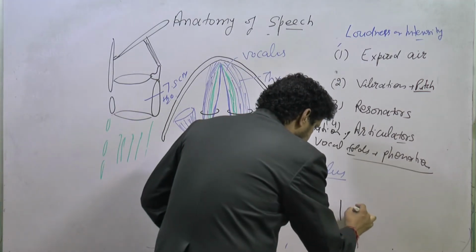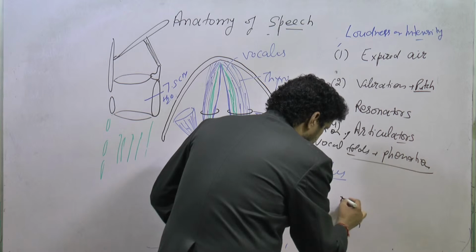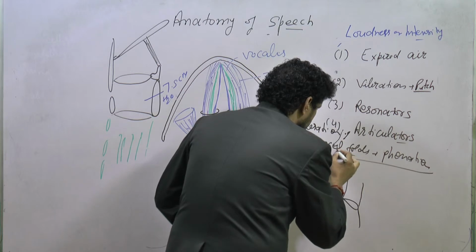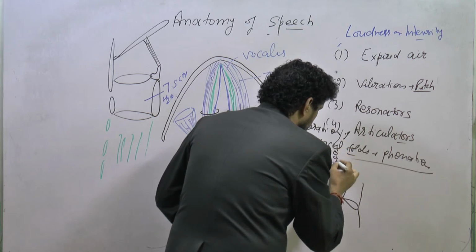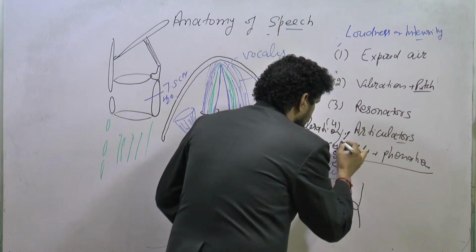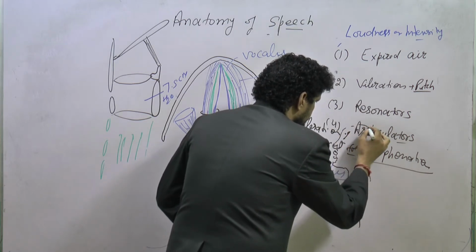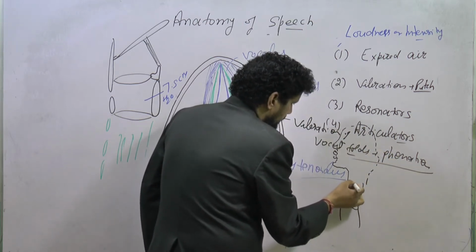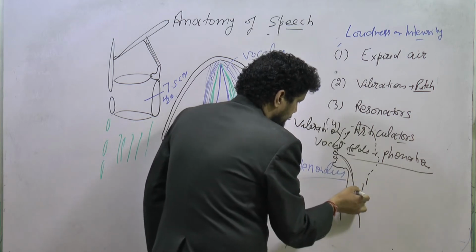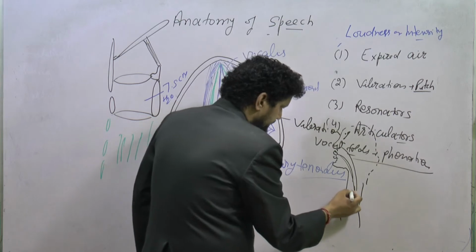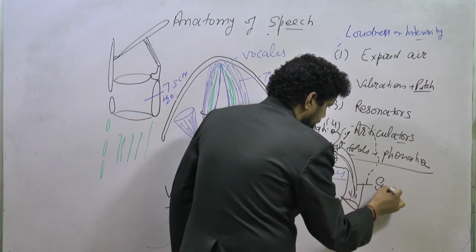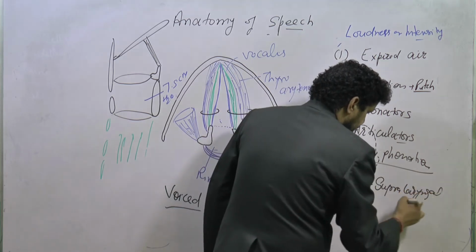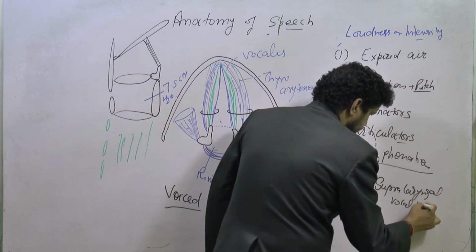So this is the larynx, this is the laryngeal inlet, this is the pharynx, and this part from the larynx up to the oral cavity and the nasal cavity, this 17 centimeter tract, is known as the supralaryngeal vocal tract.